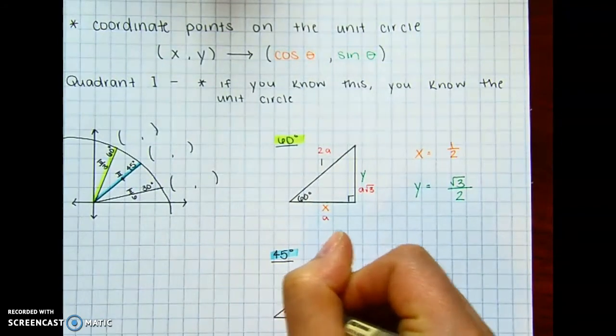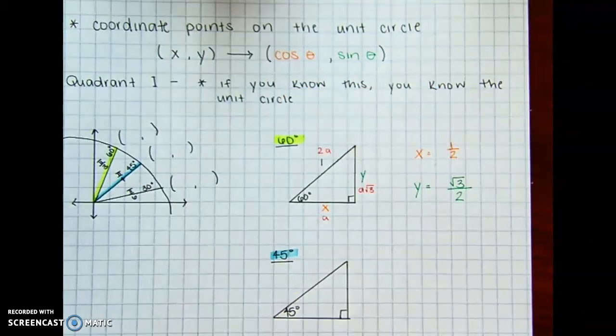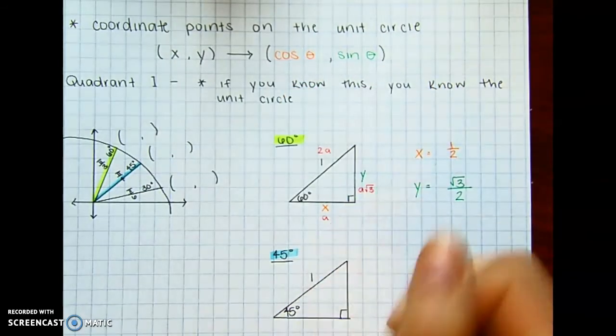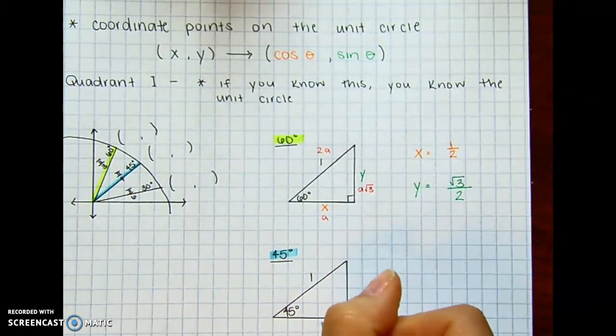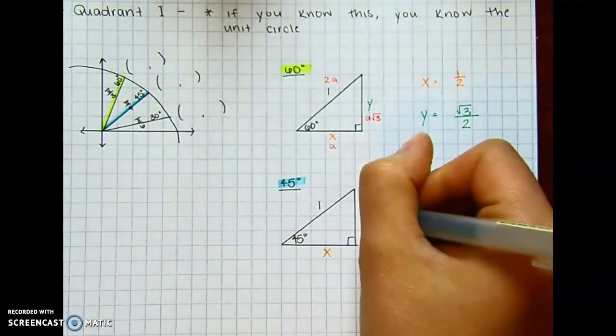Label this as a 45-degree angle. This is 90, so we're turning this into a right triangle in the unit circle. The radius is 1 again. This is going to be the distance x. This is going to be the distance of y.